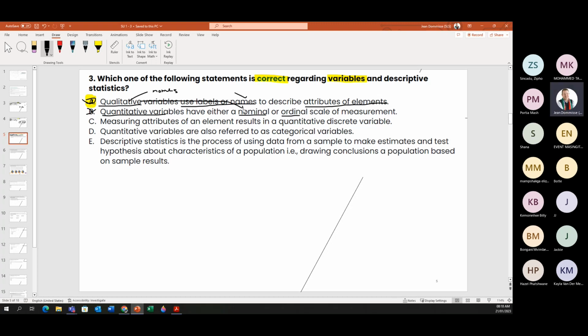Qualitative have a nominal or ordinal scale of. So quantitative, just remember always, it's around quantity, so the number of people on the call, or the number of kilometers you have driven today, or the number of hours you had load shedding today.